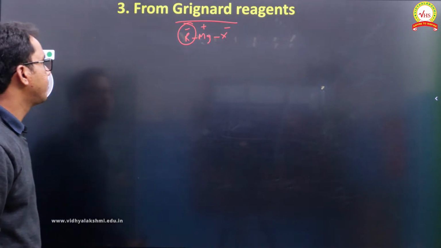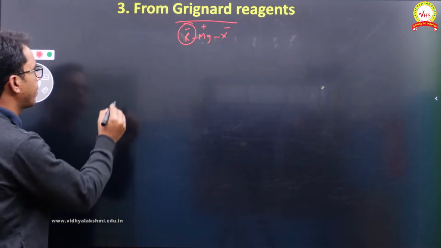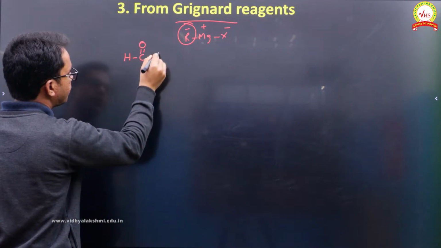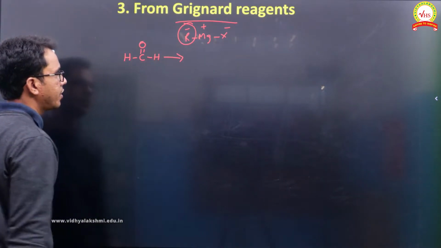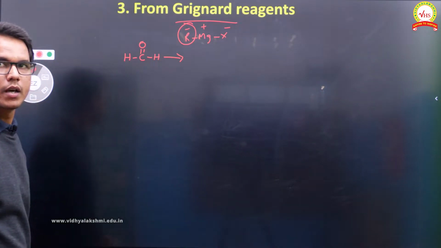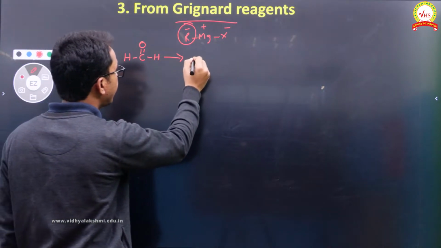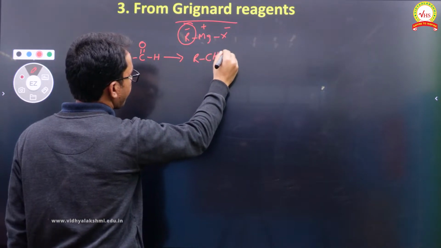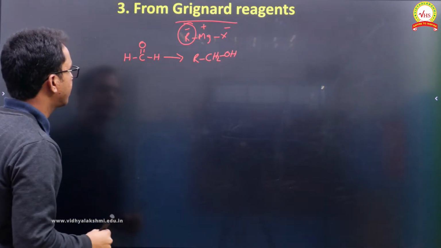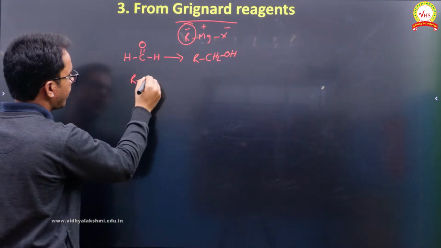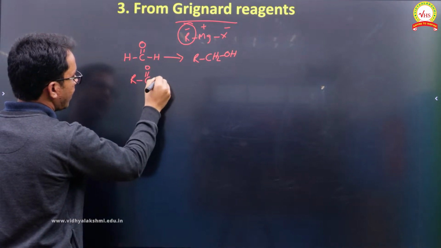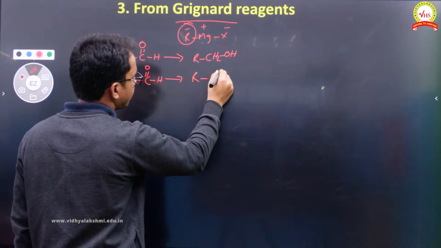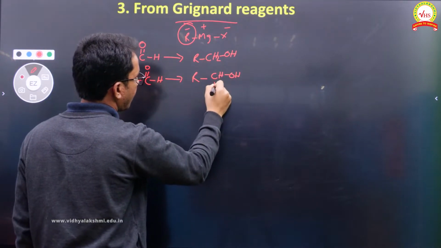Now the simple data we can remember here is that formaldehyde, H-C double bond O-H, on reaction with a Grignard reagent followed by hydrolysis, gives a primary alcohol, RCH2OH. If you take an aldehyde, it gives a secondary alcohol, RCHOH-R.